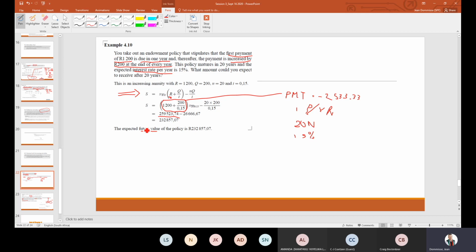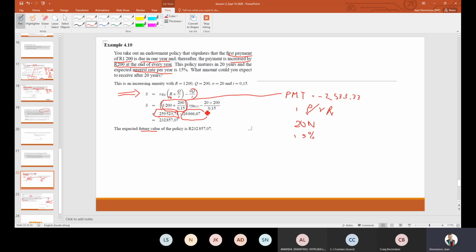By asking future value, so just remember 0 present value, and then your future value is 259,523.74. So I do get that value, and then I need to remember that I just need to take off that number there.